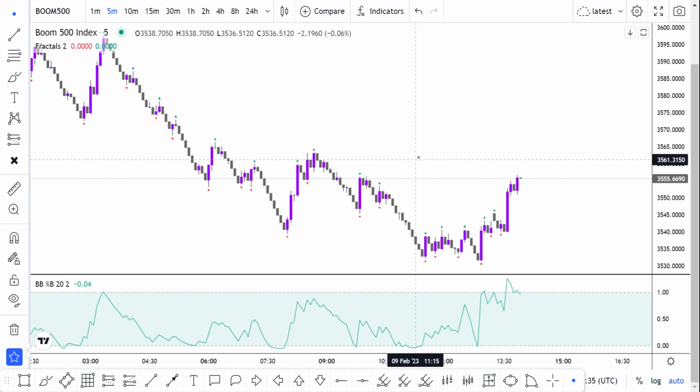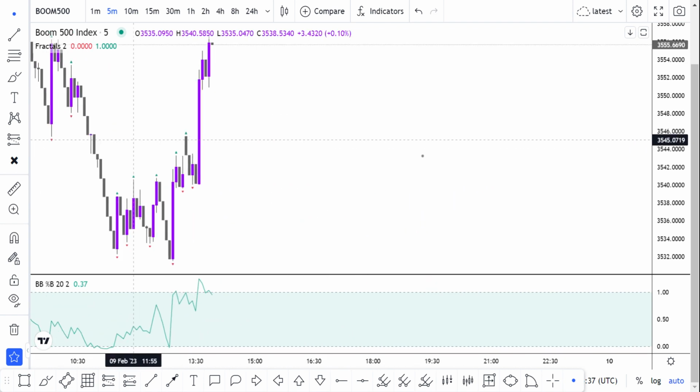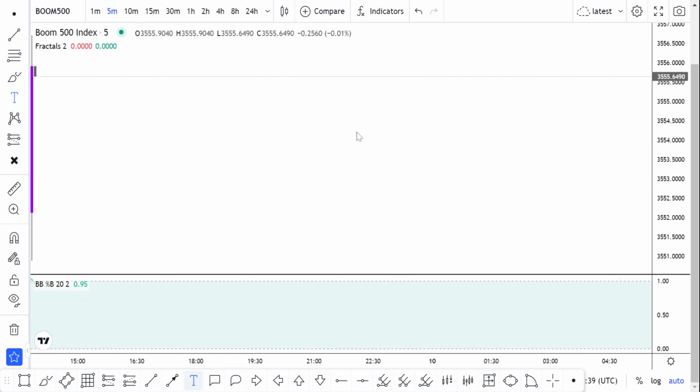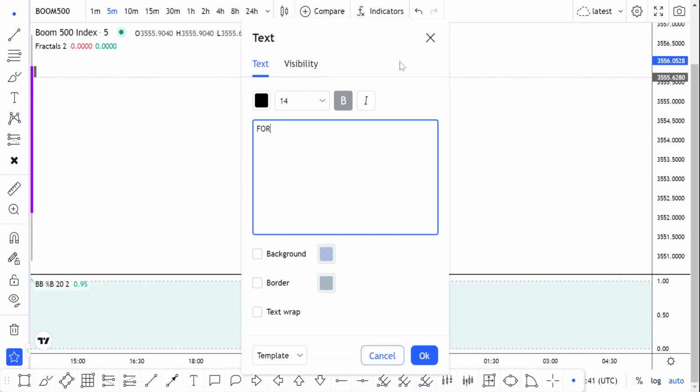So what happens is this: for boom pairs, remember we are buying. Just have this in mind. For boom pairs, we buy. For crash pairs, we sell.